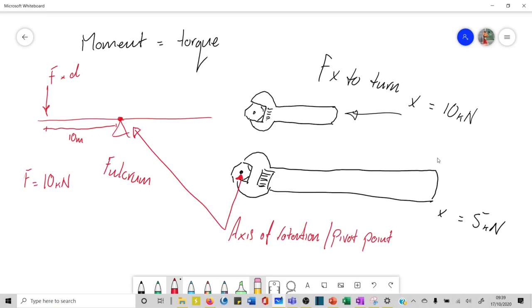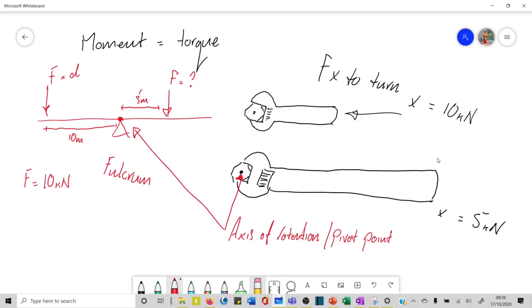Therefore on this side, if we halve the distance, what do you think is going to happen? So if we say that's 5 meters, F equals question mark. Okay, what do you think that might be? So I'm going to do an example of that in a second or two. Let's park that for a while, and come back to it.